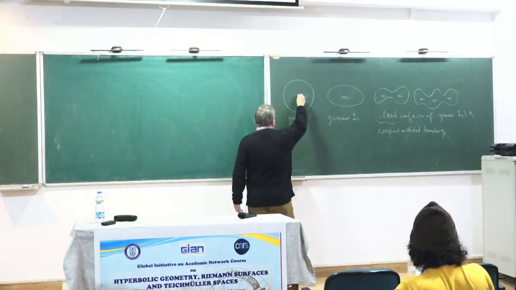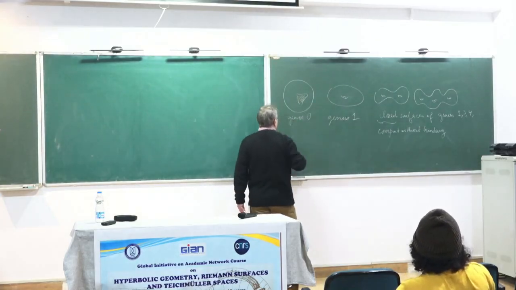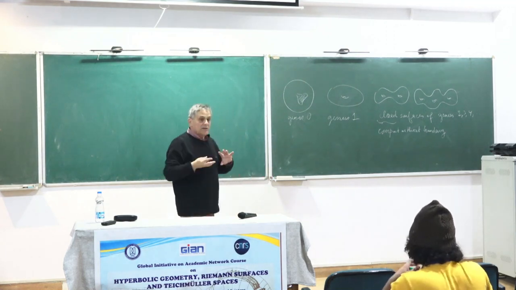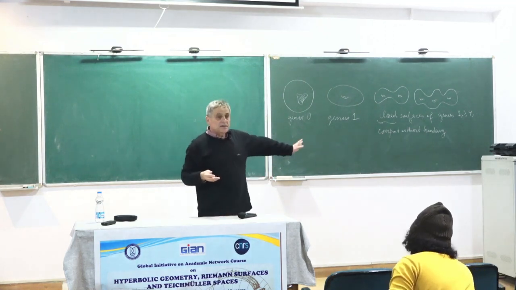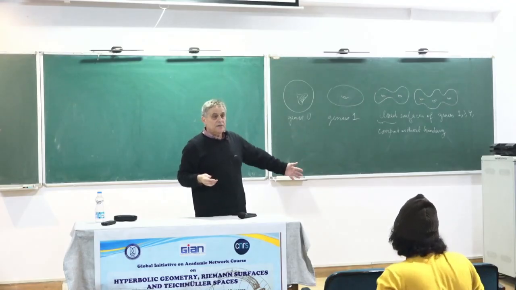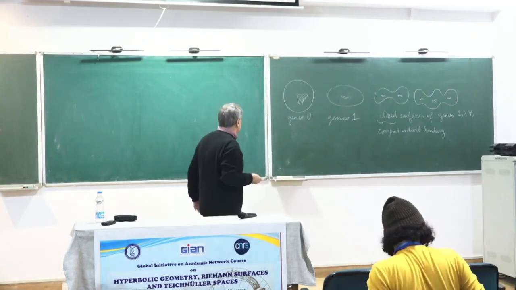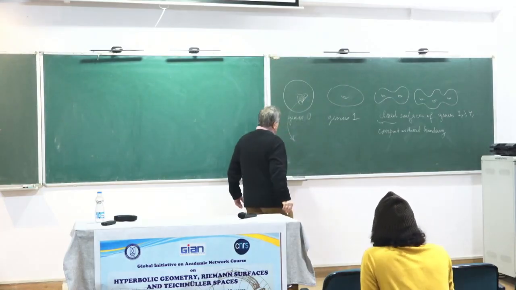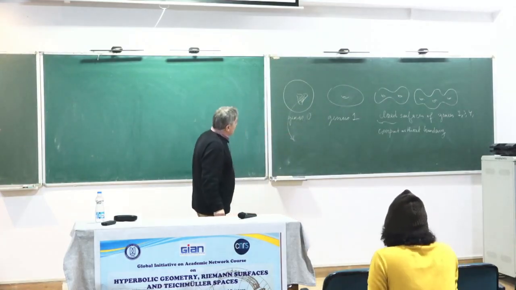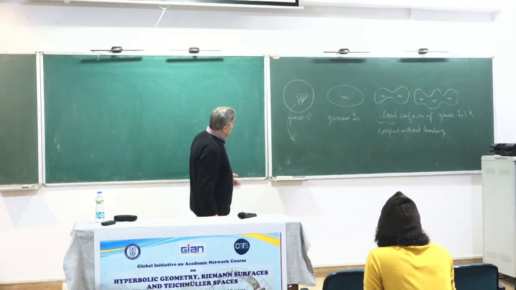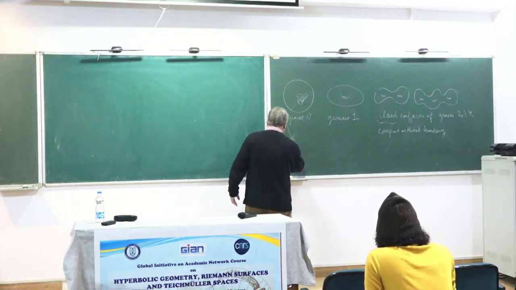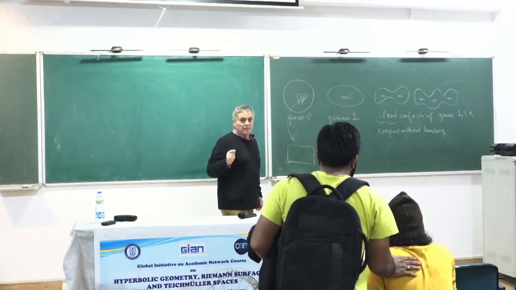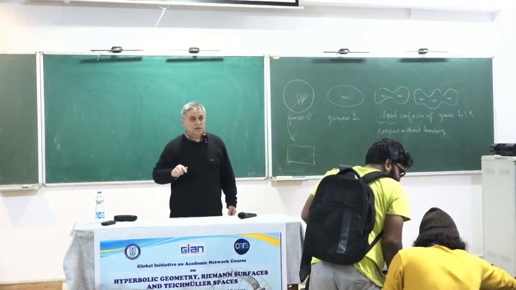This is a subset of the sphere here. The only surface without boundary which is spherical is the sphere itself. But I have subsets of the sphere, right? And then the interesting problem is to study the distortion from spherical surfaces to the plane, and this will be the subject of my second lecture today.